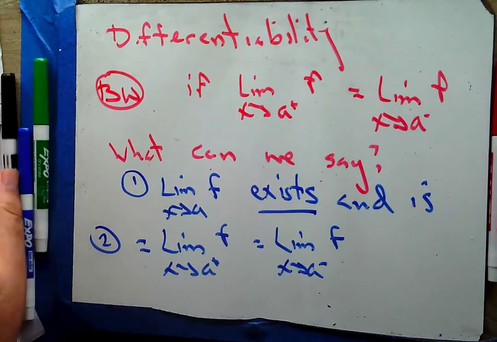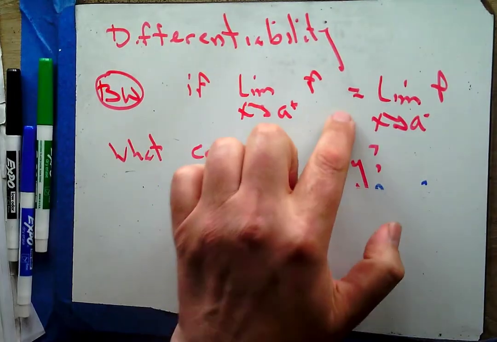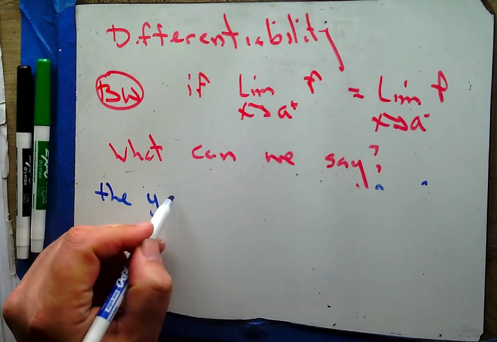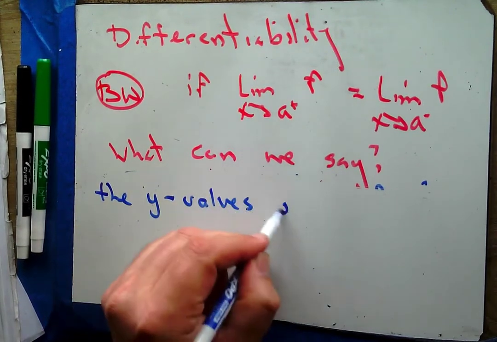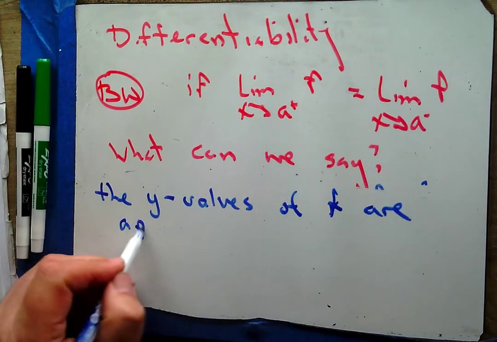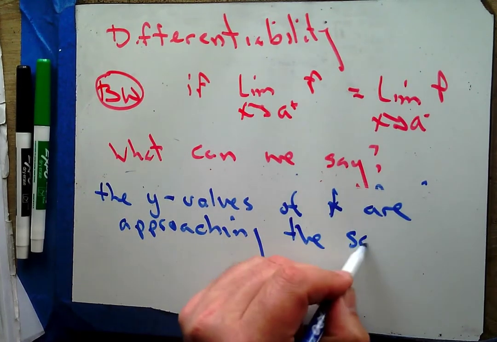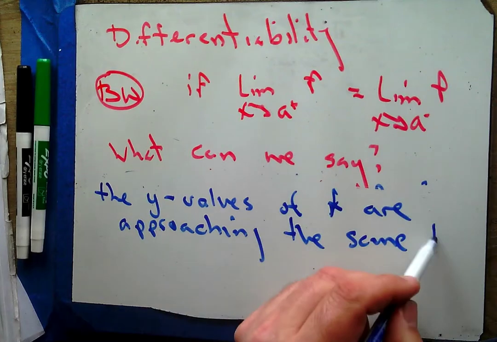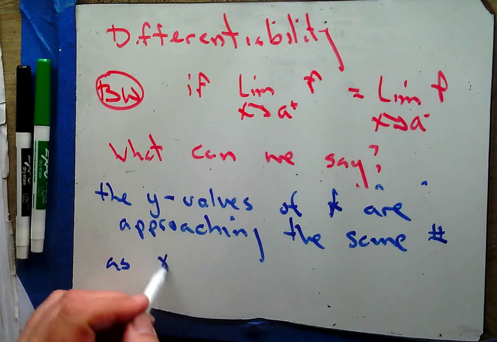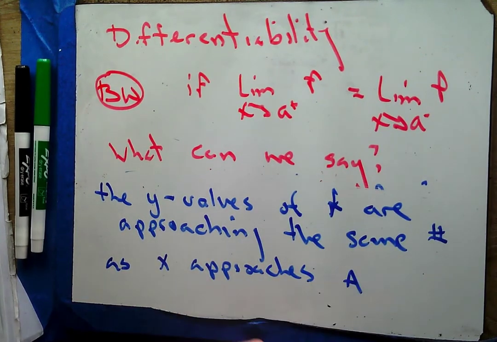Okay, and then I would describe this in words how? Well, based on that statement, I would say the y values of f are approaching the same number, I really want to say y value, as x approaches a.